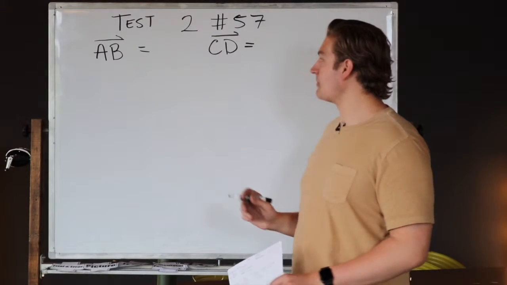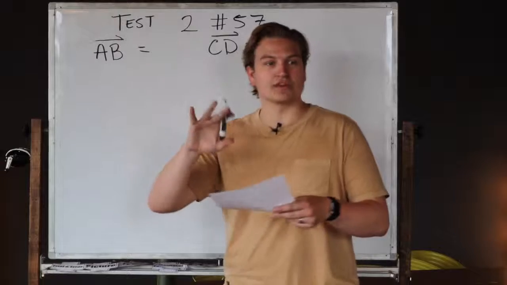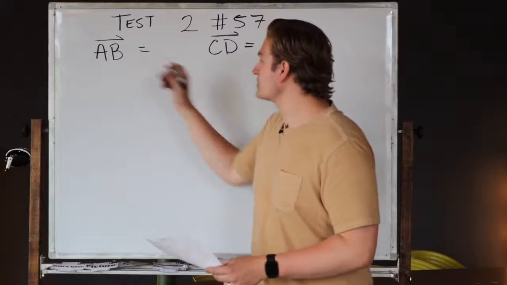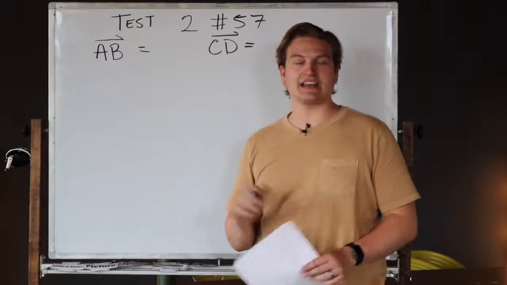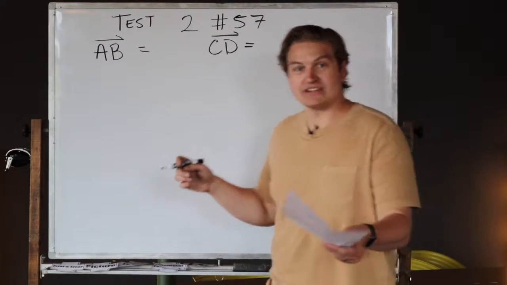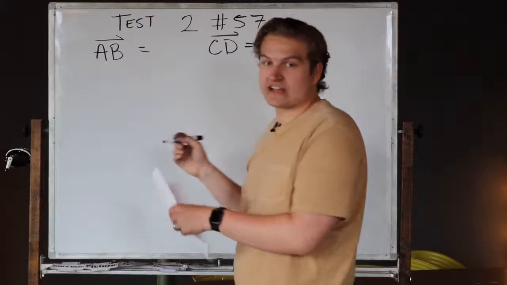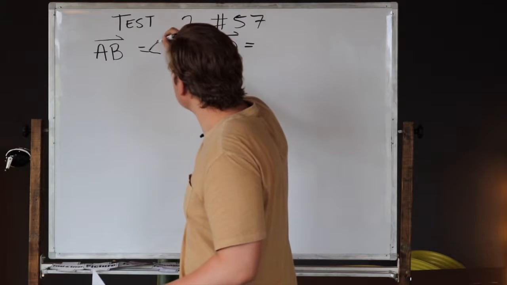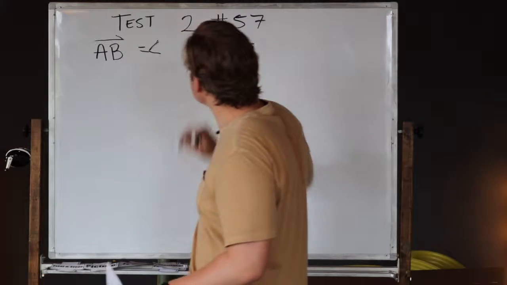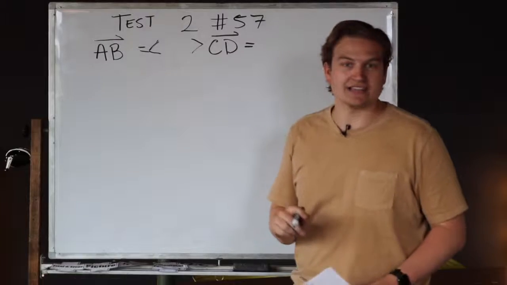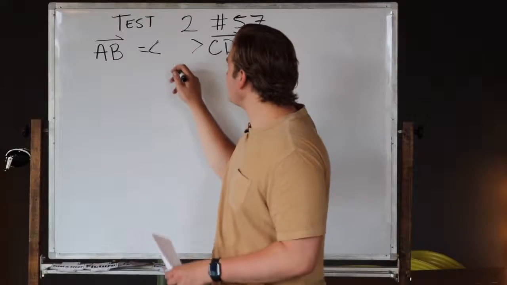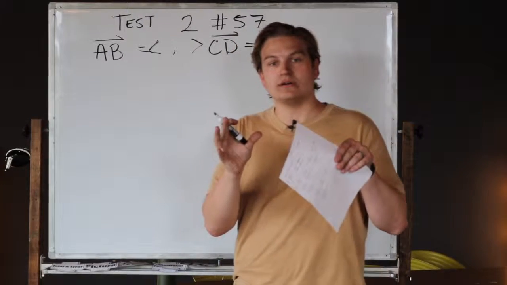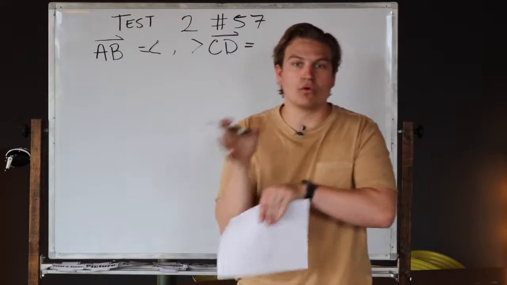I'm not going to spend a ton of time diving into the depths of vectors, but let's walk through how to solve this problem. It gives us a picture with a couple of different vectors. One vector is called AB, the other is called CD. I didn't draw the picture, but here's how you deal with vectors. A vector is almost like a coordinate, except instead of parentheses, it has these triangular looking brackets. The first piece of your vector is how much your vector moves to the right or to the left.